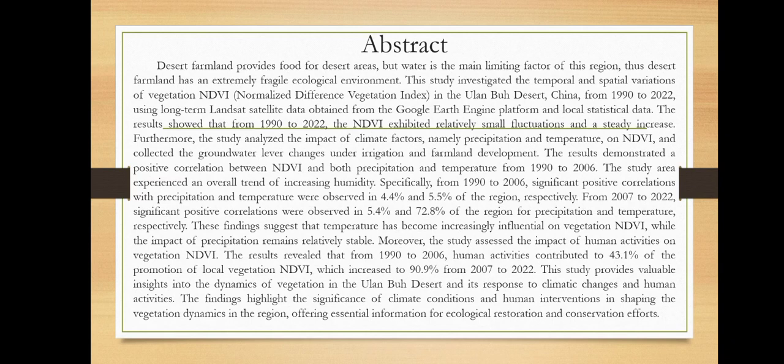This study provides valuable insights into the dynamics of vegetation in the Ulan-Bu Desert and its response to climate change and human activities. The findings highlight the significance of climate conditions and human interventions in shaping the vegetation dynamics in the region, offering essential information for ecological restoration and conservation efforts.